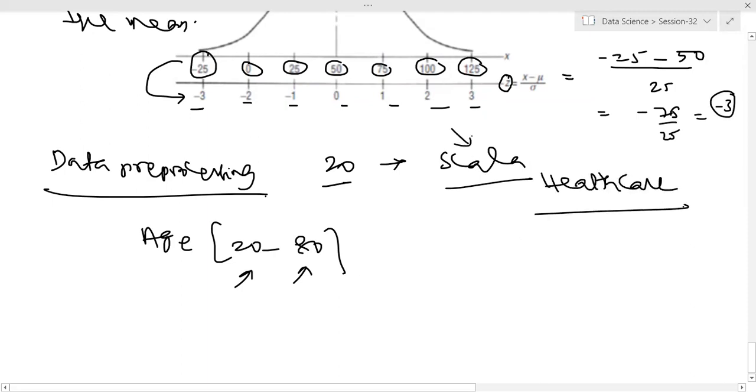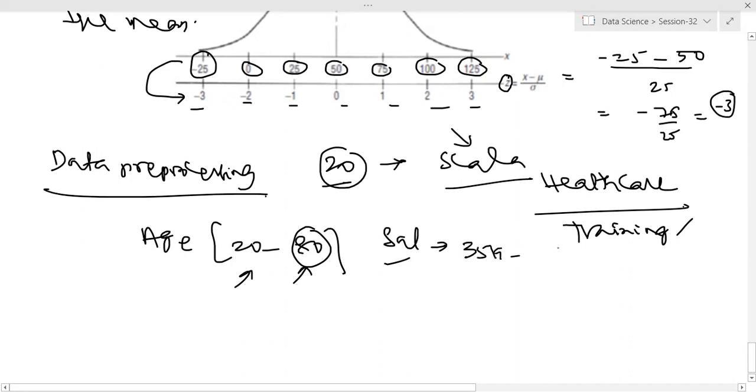We have recruited guys from various colleges who have a CGPA of greater than 9, and we put those members in training. Based on the ranges, we have other members also, team leaders or whichever. So age is between 20 and 80, and the salary range is between 35K and some 1 crore, assume that.